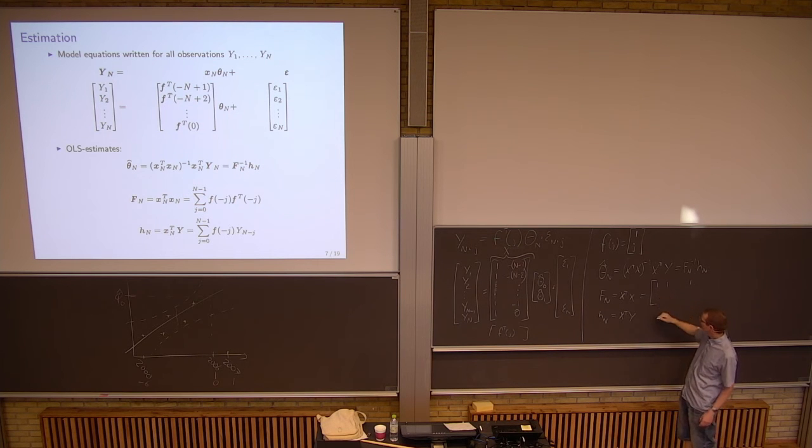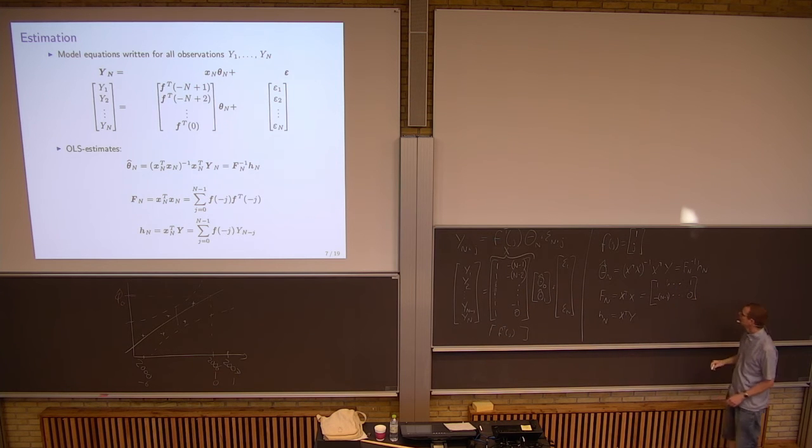And then I have a row down here where I have 0. And then I have minus n minus 1. Let me just do it like this. And then I multiply by the 1, 0, and minus n minus 1.